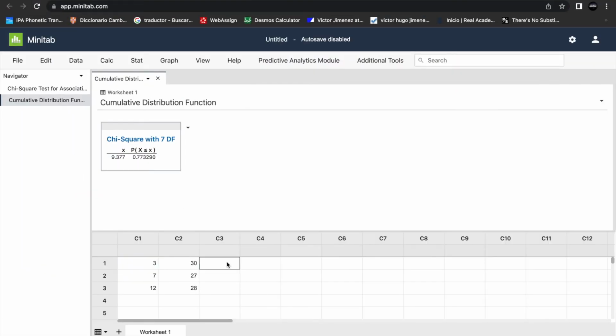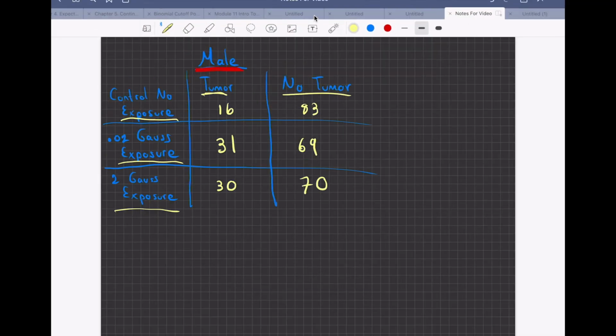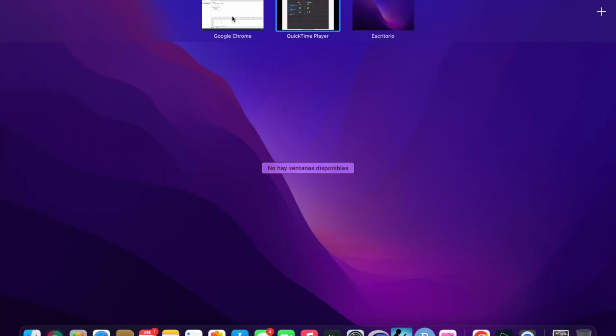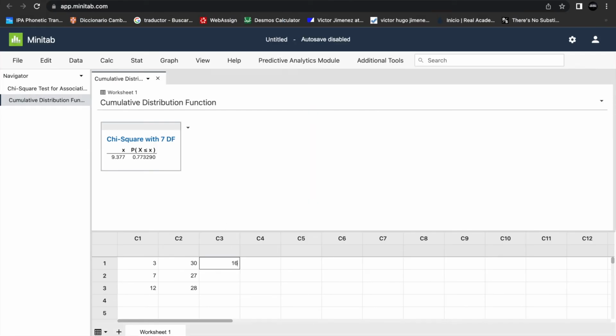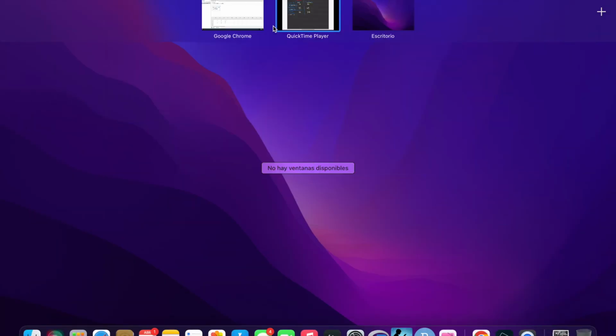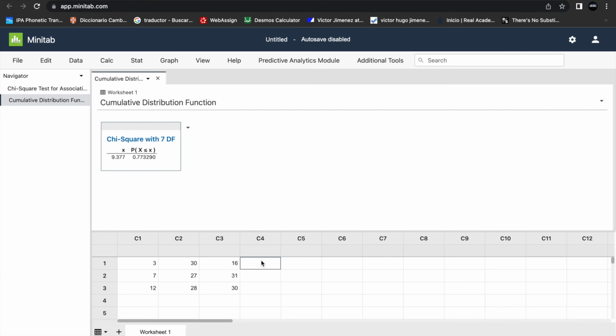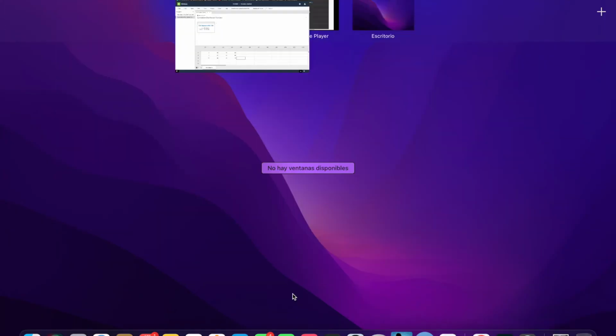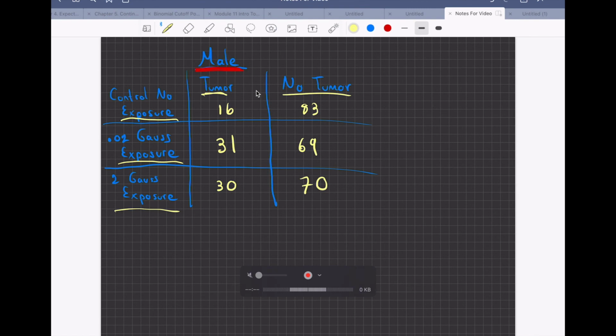Since I have used column 1, I'm going to put it in columns 2, 3, and 4. 16, 31, 30. 83, 69, 70. There you have. Again, I'm doing this only for male. You will have to do this for female.